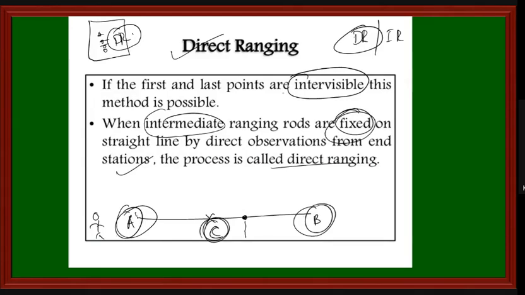I will explain the procedure and how it is done. Both stations are visible to one person. This is called direct ranging.